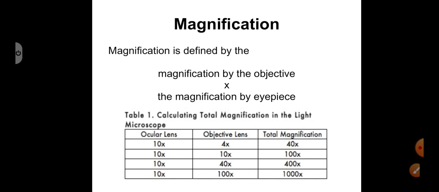So in microscopy, there are a few important things to be known. One is magnification, that is a product of magnification of eyepiece and magnification of objective lens. Similarly, you have to know what is resolving power. Resolving power is the ability to distinguish two objects which are placed beside each other as distinct and separate.